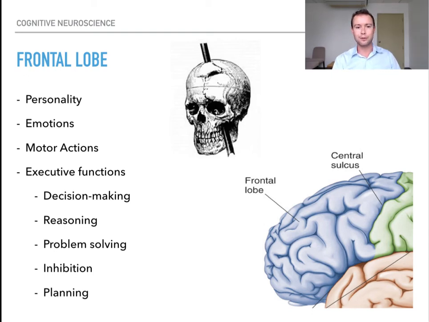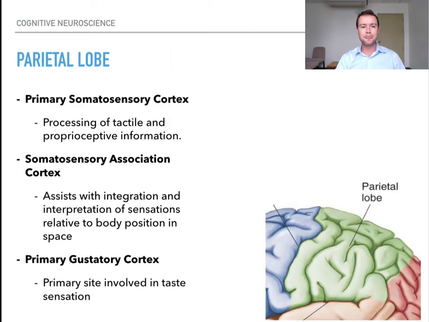Executive functions include decision-making, reasoning, and inhibition, so your ability to exert a degree of control over your behaviors, to make you do the things that you want to do and not just constantly react impulsively. Now, the parietal lobe is at the upper, posterior portion of the brain, and this is associated with somatosensory processing.